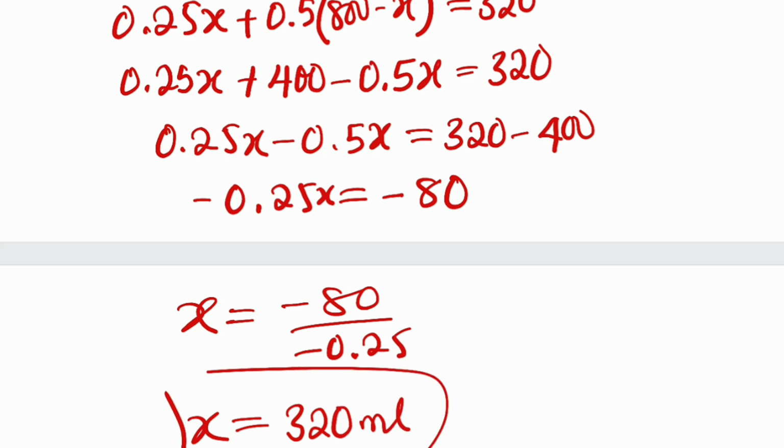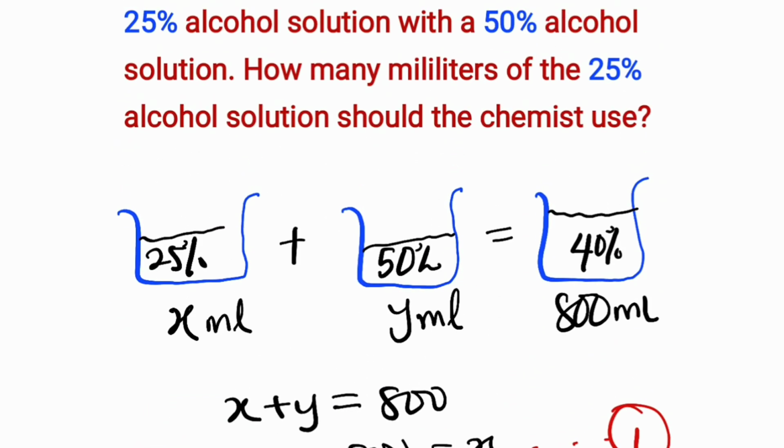Remember, we have declared the quantity of 25% alcohol to be x, and that x is exactly what we are looking for. So you need 320 ml of this 25% alcohol solution combined with a certain quantity, though we are not asked to find it, otherwise we could find it too, which is y.